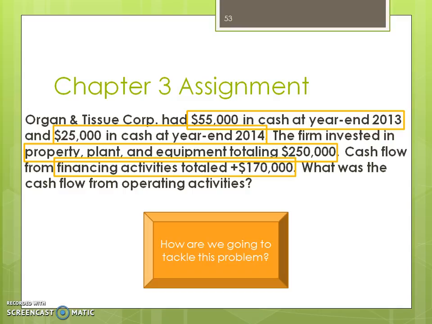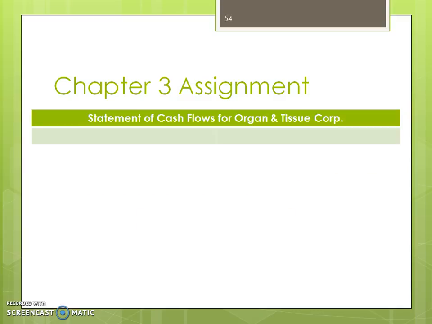The good thing about this is that we don't have detailed items, so we're dealing with main categories of the cash flow statement. All right, so let's set it up something similar to what we did before. We know that the cash flow is operating activities. We don't know what that is. That's what we're going to solve for.